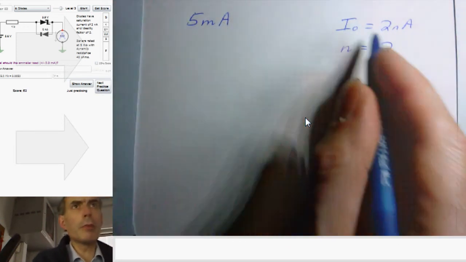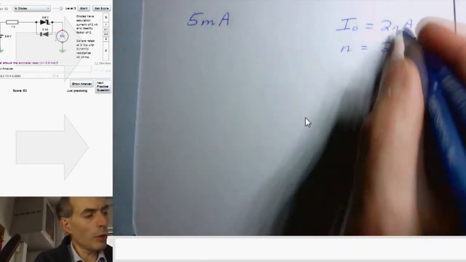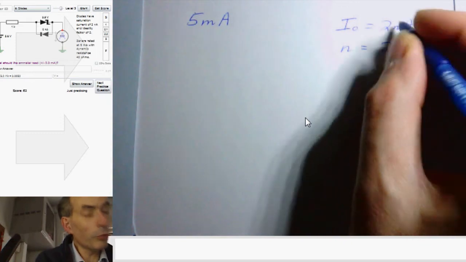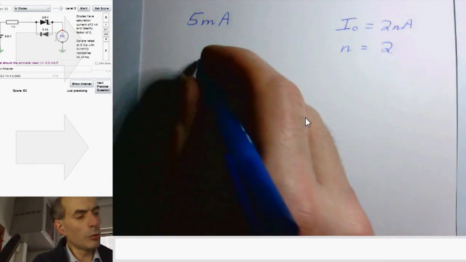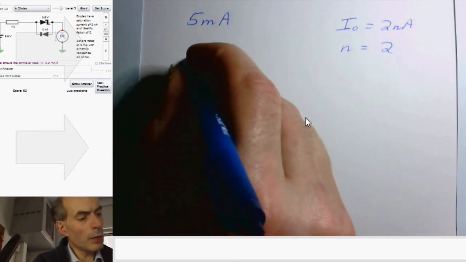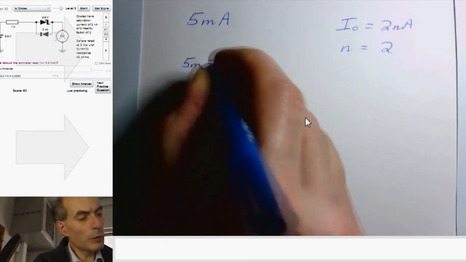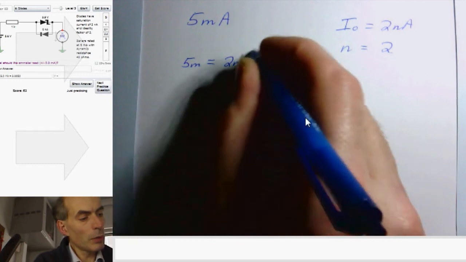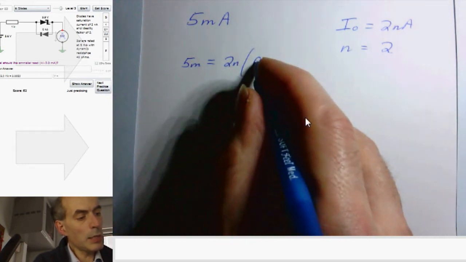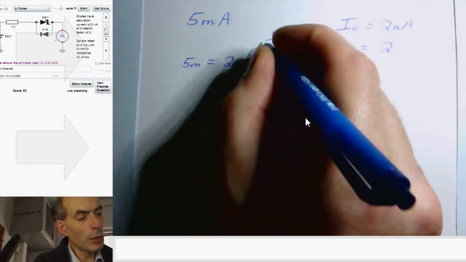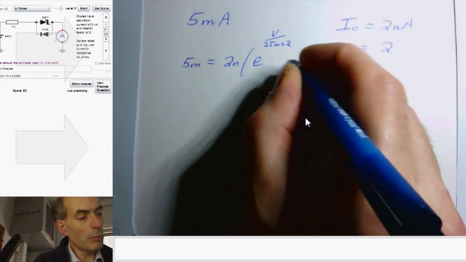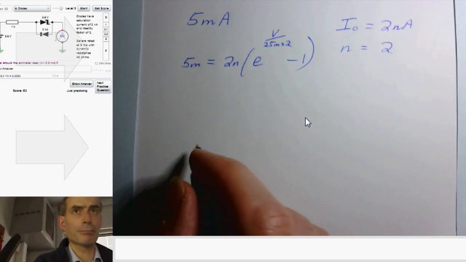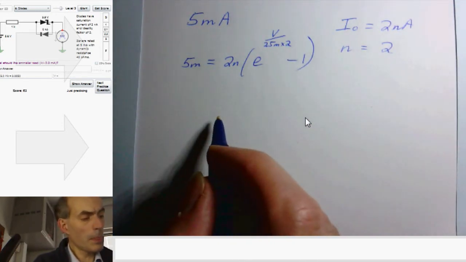If we've got 5 milliamps flowing through such a diode, then we could work out what the voltage across that diode is going to be much more accurately using the equation that the current through the diode is equal to the saturation current multiplied by e to the power of the voltage divided by 25 millivolts times the ideality factor, minus 1. It's the Shockley diode equation.